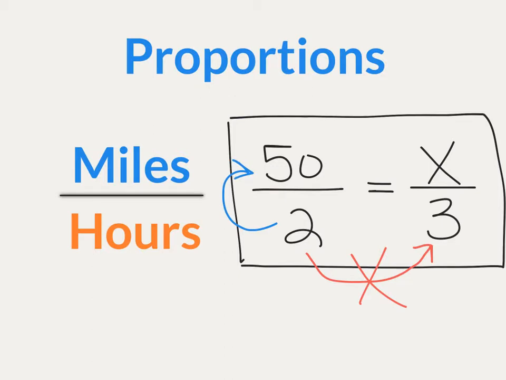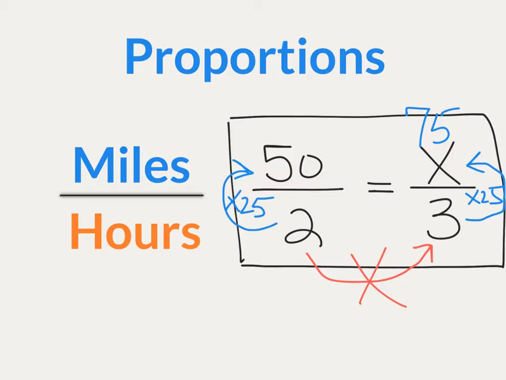We can scale up from 2 to 50 by multiplying by 25. So if we did the same thing to the 3 hours, we would learn that the unknown or missing value is 75. That if we were to travel 50 miles in 2 hours, that would be equivalent to 75 miles in 3 hours.